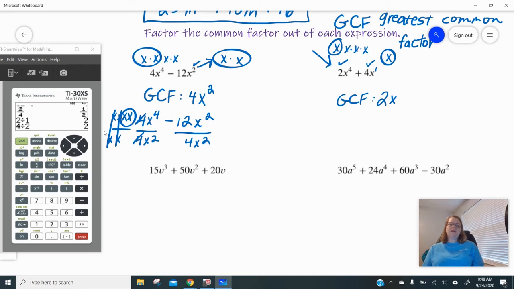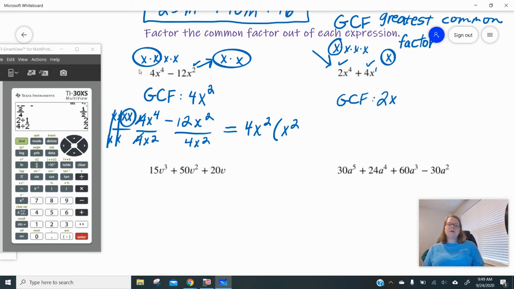So the only thing I'm left with here is x squared, x times x. So let me put the answer over here. My GCF was 4x squared, and I was left with no numbers. The 4 divided by 4 canceled, 4 divided by 4 is 1. The only thing I was left with was two x's multiplied together. So that's x squared.